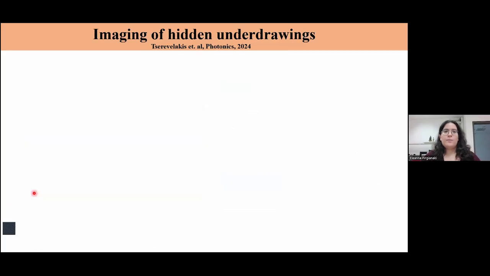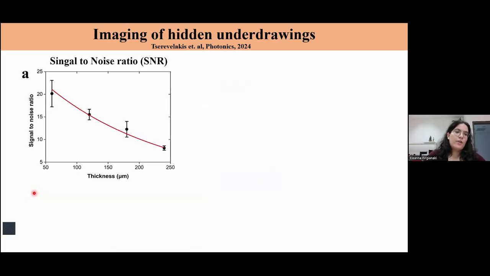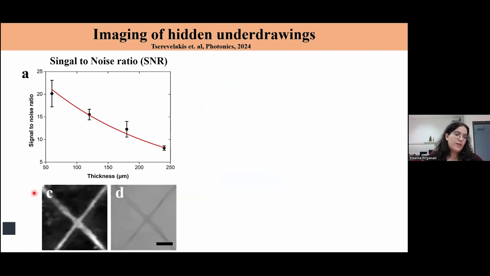So now we want to quantify the previous observations. At first, what we did was to calculate the signal-to-noise ratio for each sample by taking the average of the mean pixel intensity for the 4 regions located on the X and 4 regions on the background. As you can see, the SNR decreases exponentially as the thickness of the paint layer increases.